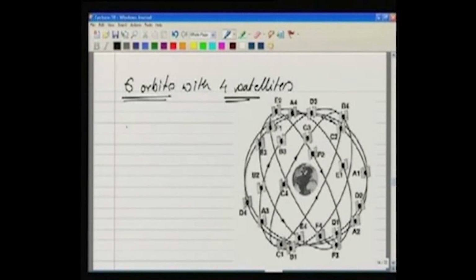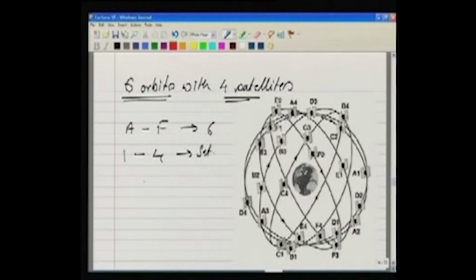As you can see here, A to F represent the 6 orbits, and the numbers 1 to 4 represent the satellites. So, for example, B3 means it is in the B orbit and it is the third satellite. So, we will have B1, B2, B3, B4. So, this is the constellation of the GPS satellites.